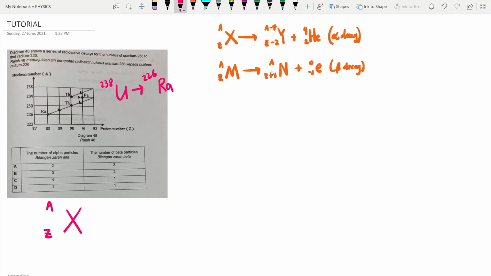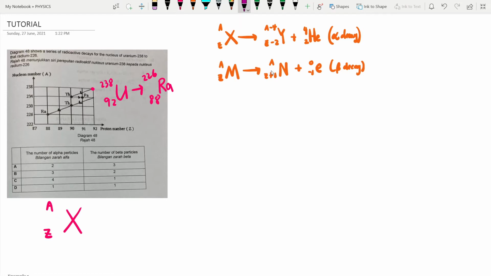Uranium will start here. Proton number dia 92, nucleon number 238, dan last kali dia akan jadi radium, proton number 88 dan nucleon number 226.